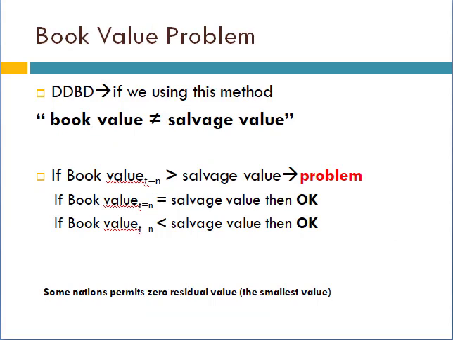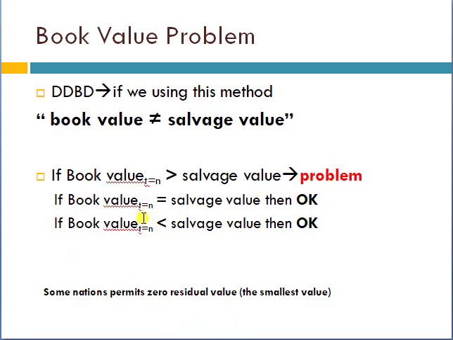If the situation is just like I mentioned before, it must be a very big problem because the book value should be equal to the salvage value. The book value is the estimated price in the market. So, book value is our prediction, and the salvage value should be equal to our prediction. If the book value is greater than the salvage value, it will be a problem.